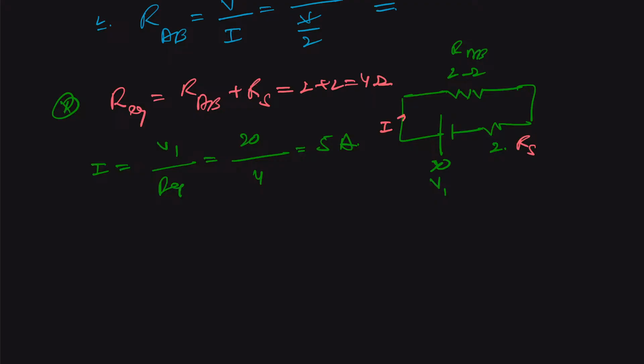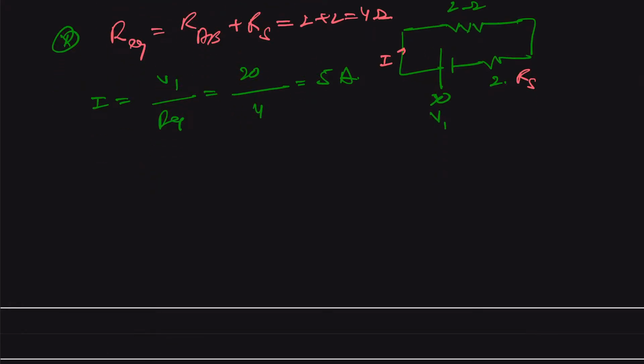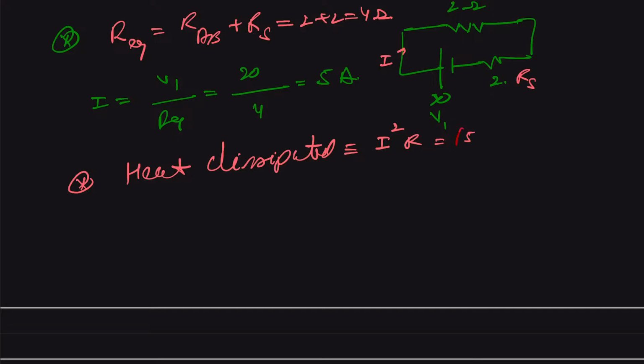And now we can easily find out the heat dissipated. Heat dissipated is equal to I square R, because time is 1. So this comes as 5 square multiplied by 2, and this comes as 50 watts.